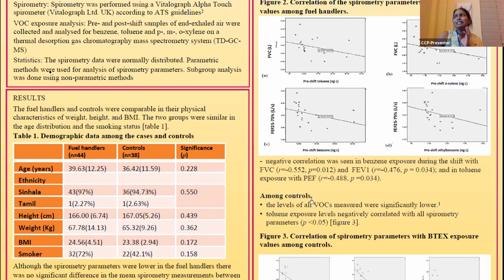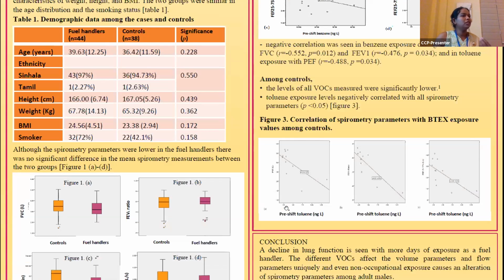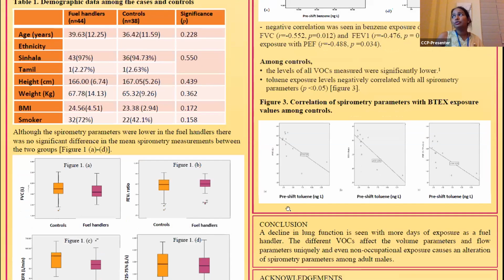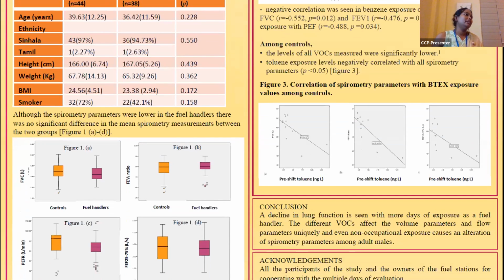This tells us that there should be some non-occupational exposure to these volatile organic compounds, which causes a decrease in lung functions in the control group as well. The main limitations of our research were that the sample size was really small, and we did not match the smoking status of the cases and controls.